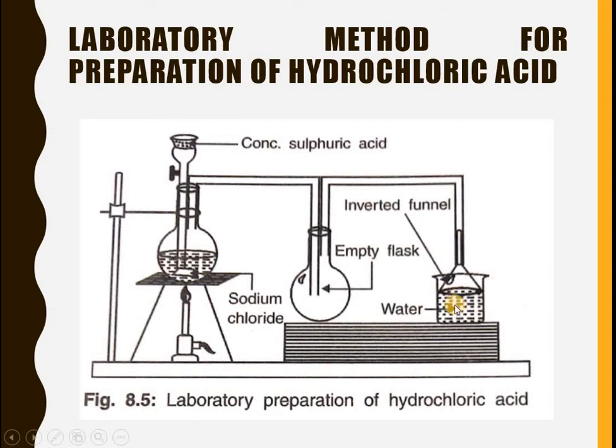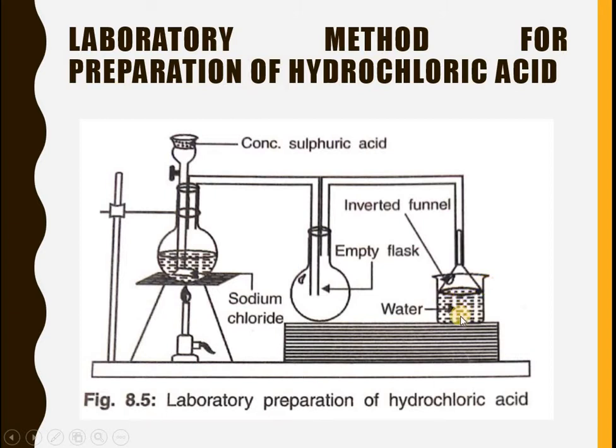Since hydrogen chloride gas is highly soluble in water, the water rises up in the funnel. The back suction occurs, and in turn the level outside the funnel falls, creating an air gap between the rim of the funnel and the surface of the water.